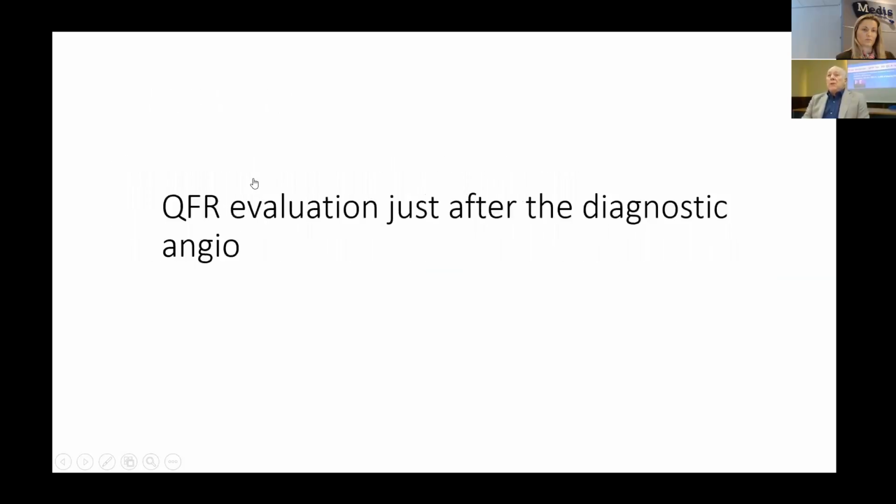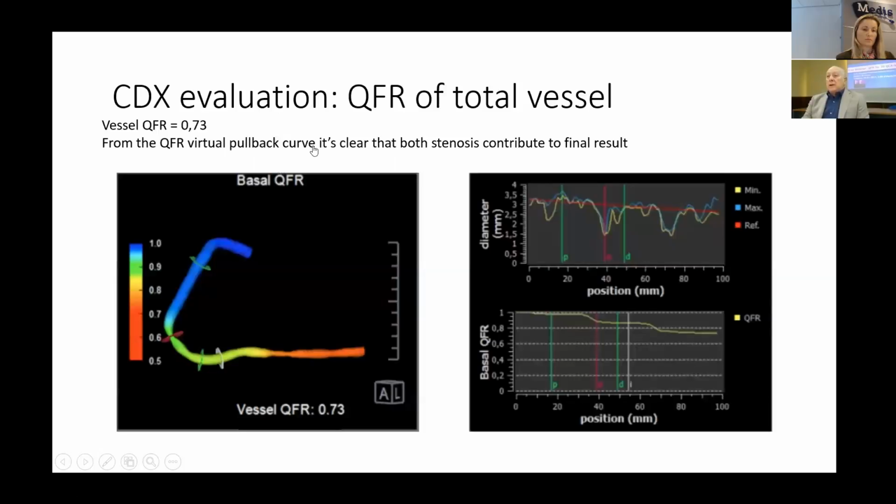This is the right coronary artery evaluation. And you see here that the evaluation was positive, with a QFR of 0.73. On the right side of the slide, you get the stenosis graph, and this is very important too. This is a virtual pullback, the QFR pullback.